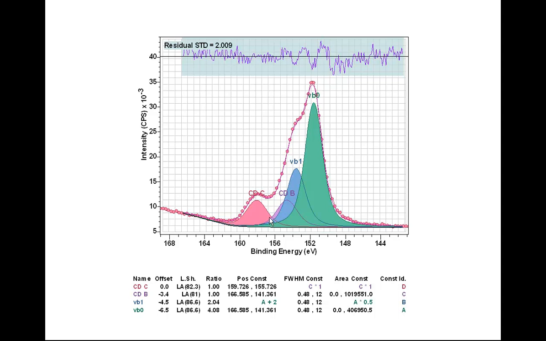If we don't have the ideal line shapes, then we have to lend a hand to the optimization process by introducing some constraints. Here we have an example of a peak model applied to these data, where constraints have been introduced in such a way that we return the value that we'd expect for the offset between these peaks and also the ratio of these peaks.